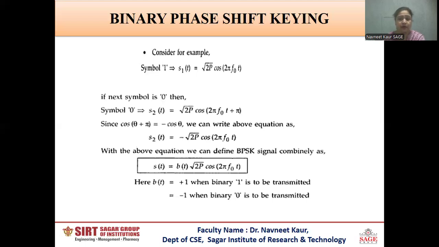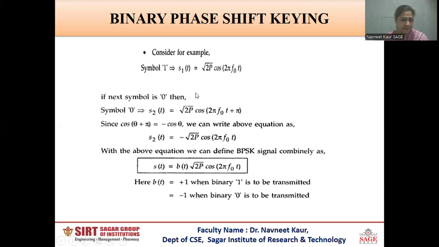Now, according to the definition of binary phase shift keying, whenever the message is 1, the carrier will be transmitted as it is. That means it will be represented as the original carrier signal, which is root 2P cos 2 pi f naught t. But when the message changes to 0, there will be a phase shift of 180 degrees.